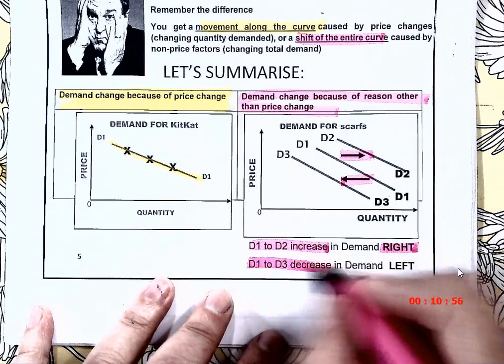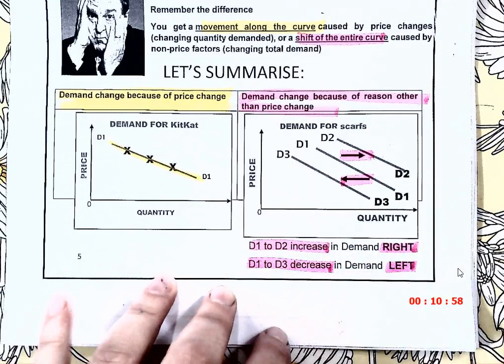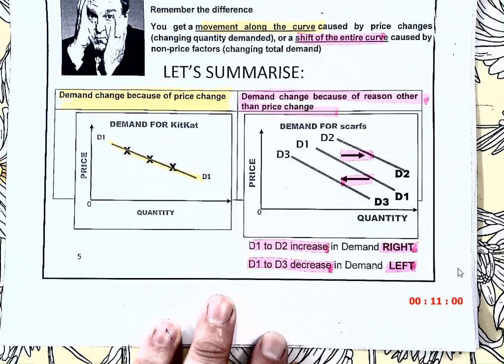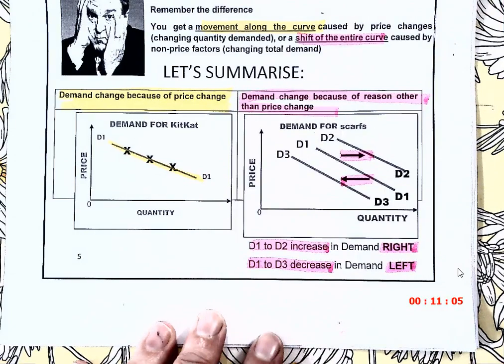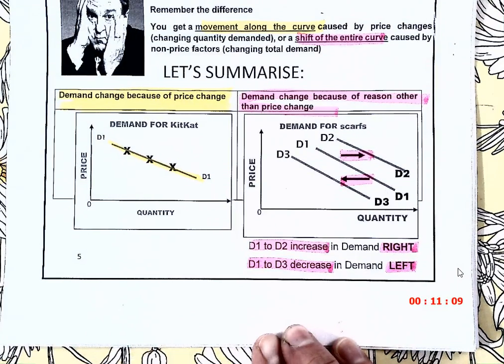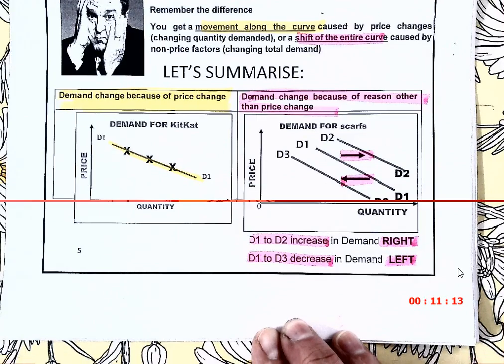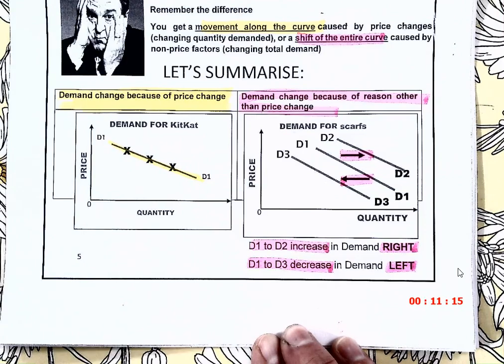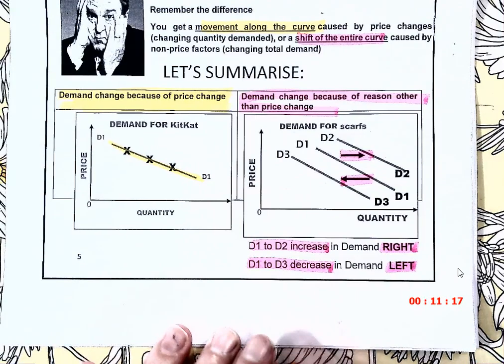D1 to D3 is a decrease. Now we go left. So you must always look at, is this demand change because of price? Because then there's a certain set of rules. Or is it because of something else? Then there are other rules.